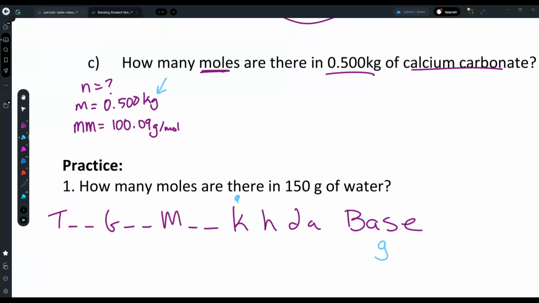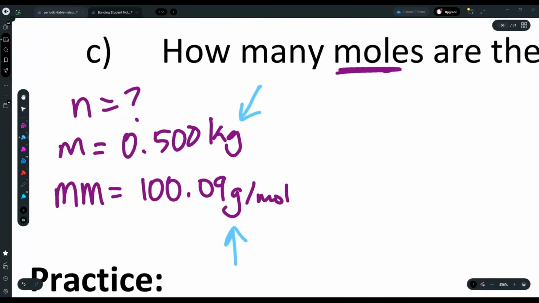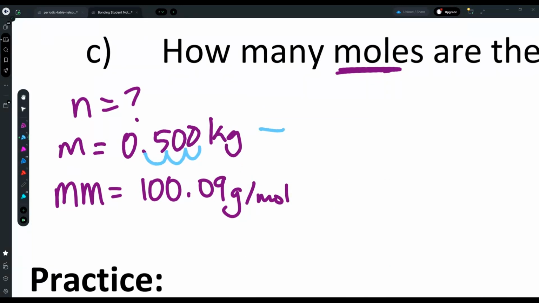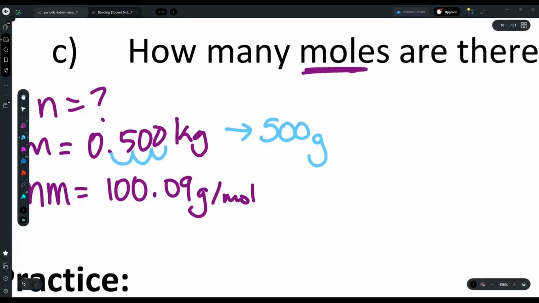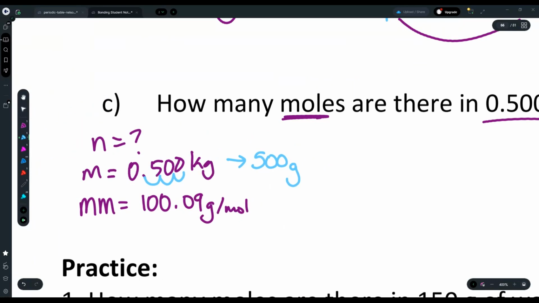If I'm going from kilograms to grams, and how I know I want grams is because of the molar mass units there, I start off at kilograms, count 1, 2, 3, so this means I need to move this decimal 3 to the right. 1, 2, 3. So that's going to give me 500 grams. Or in other words, 0.5 kilograms is equal to 500 grams.